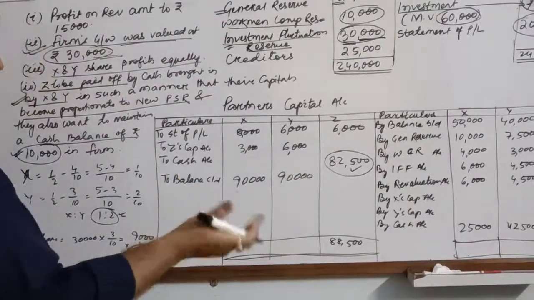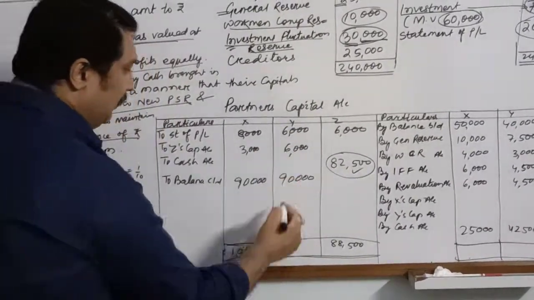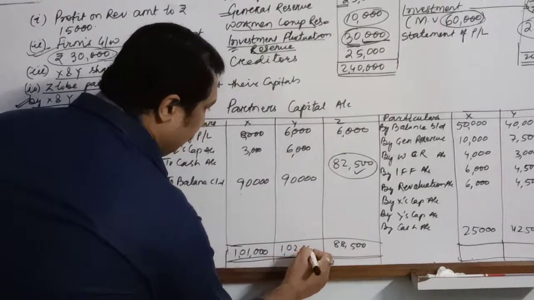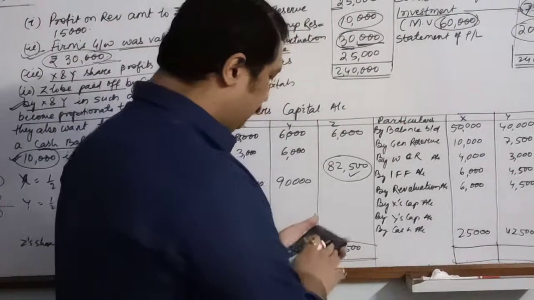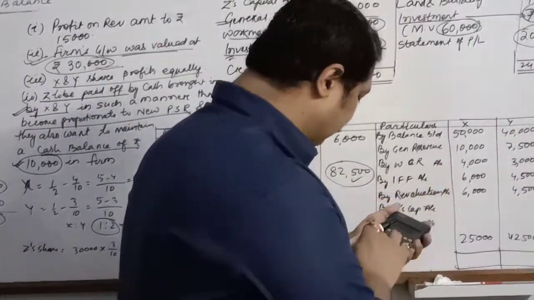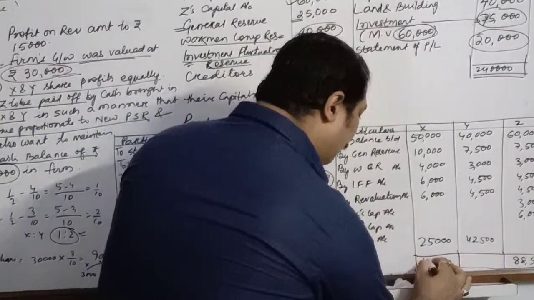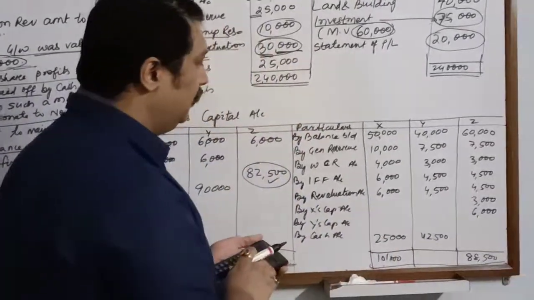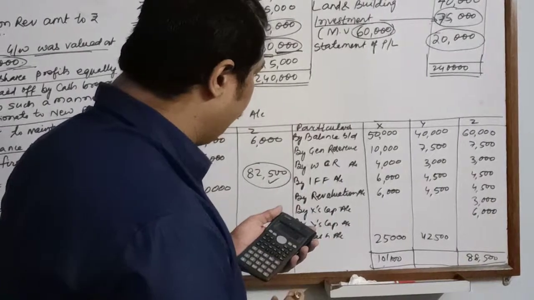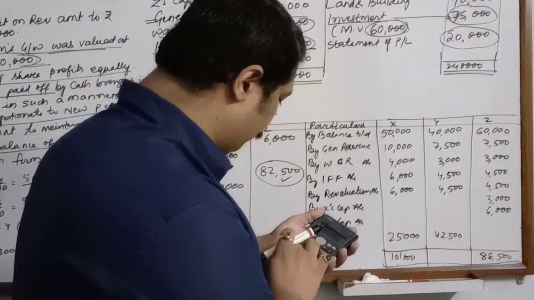Now you add both the sides, it must be equal. So it will be 1,01,000 this side and 1,02,000 this side. This side obviously 76,000 plus 25,000. It will be 1,01,000 and this is 59,500 plus 42,500.